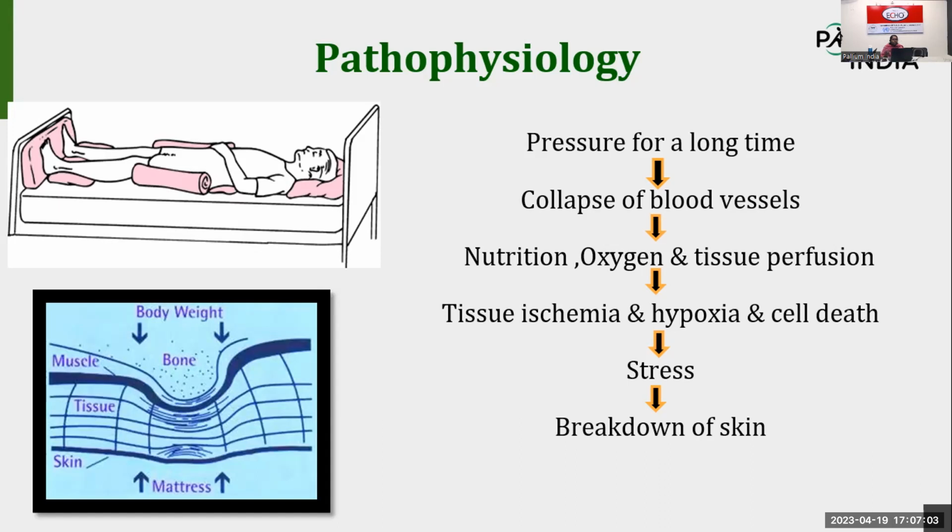What happens if the tissues are not getting adequate blood supply? After a period of time, the blood vessels will collapse, and that leads to the tissues not getting adequate nutrition from the blood, and then tissue ischemia. Finally, stress and breakdown. This is the pathophysiology of pressure ulcer.